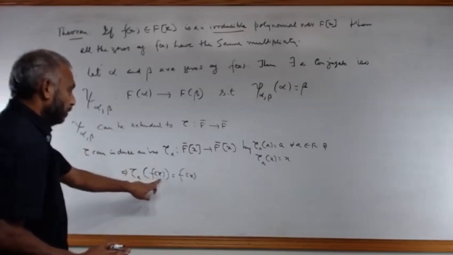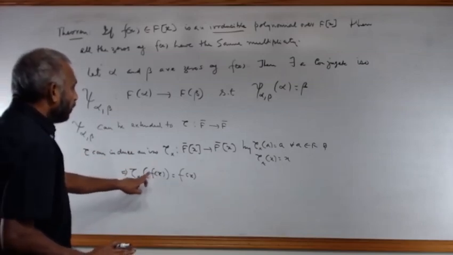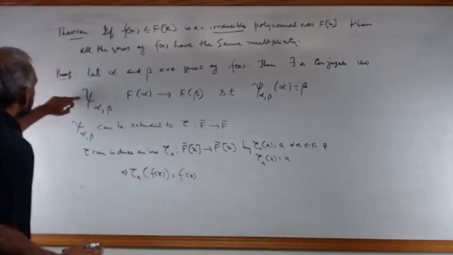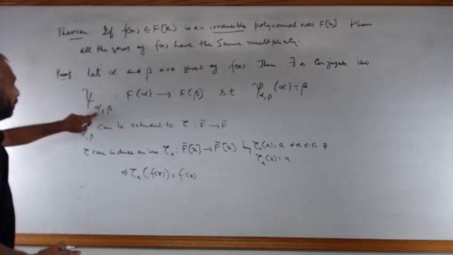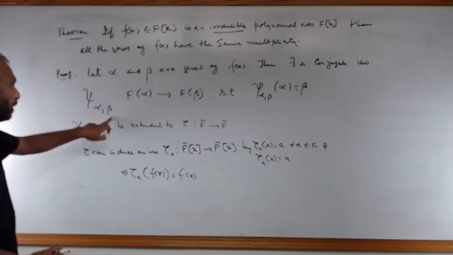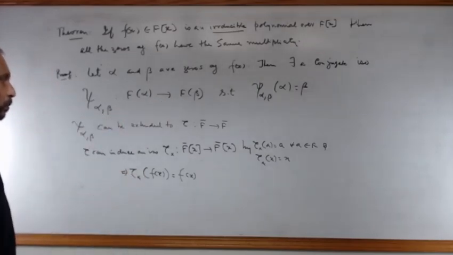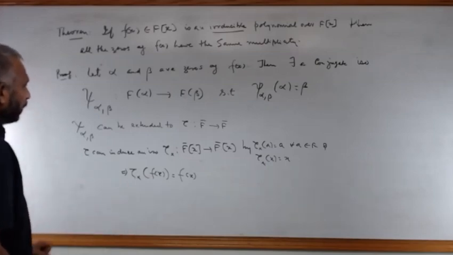It's a polynomial, and the coefficient is not going to move because the coefficient is from F, and psi alpha beta of a constant is the same thing. So it is not going to change.